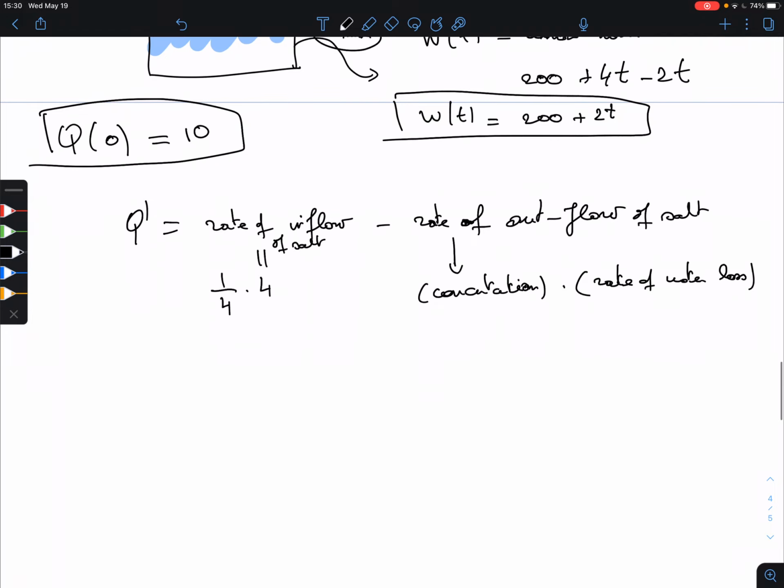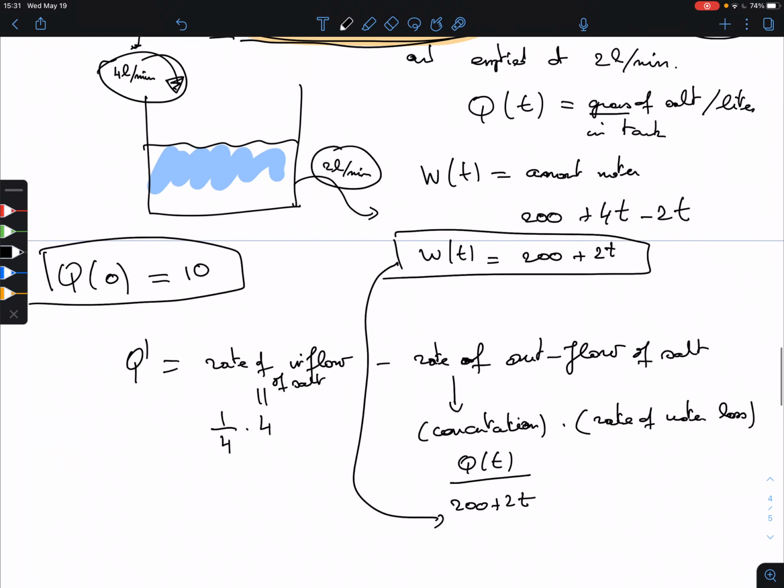So what is the concentration? Well, the concentration is the amount of salt, Q(t), divided by the amount of water. Now the amount of water is given by this formula, 200 plus 2t. What is the rate of water loss? Well, that is this rate, 2.